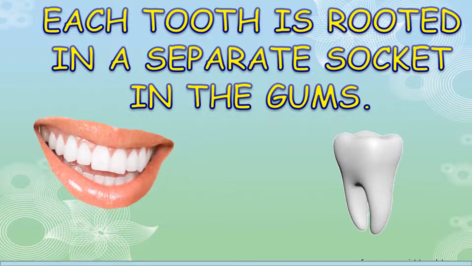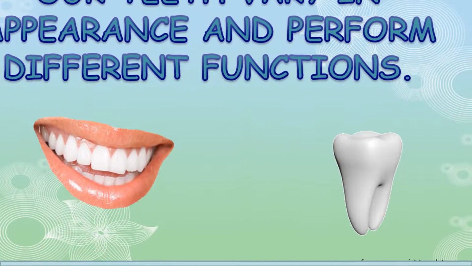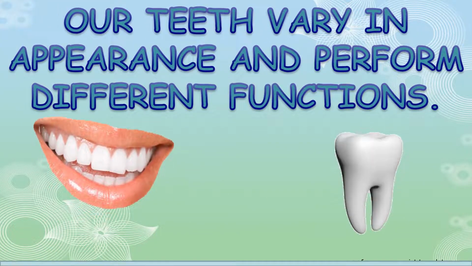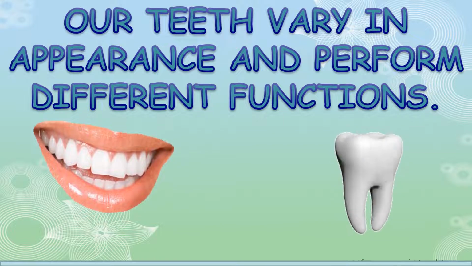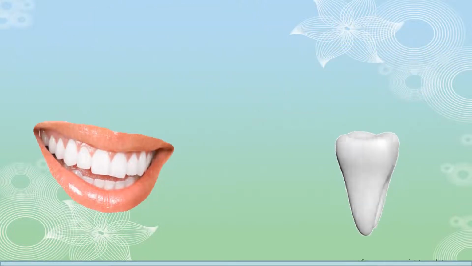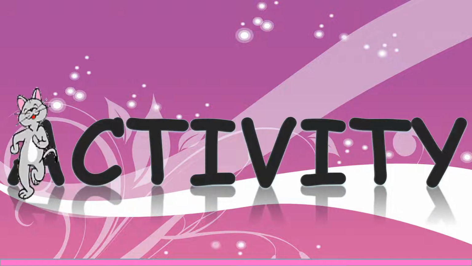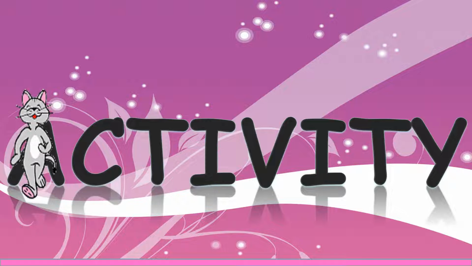Each tooth is rooted in a separate socket in the gums. Our teeth vary in appearance and perform different functions. They are given different names accordingly. Let's find out this with an interesting activity.